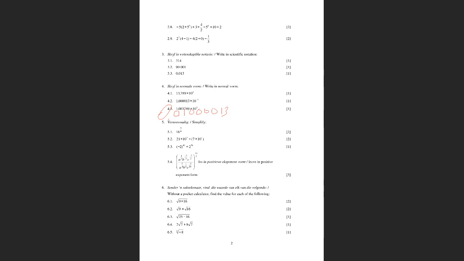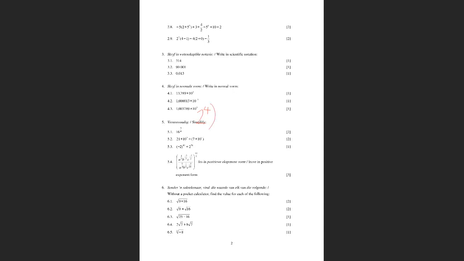Our next one, number 5, says 16 exponent 3 over 4. So 16 we know is the same as 2 exponent 4.